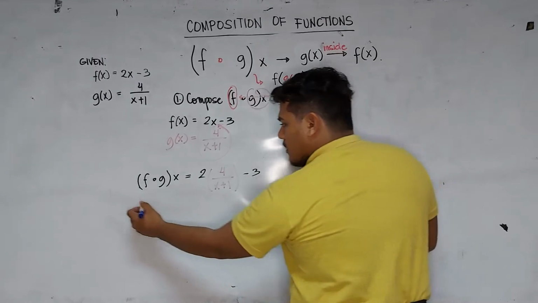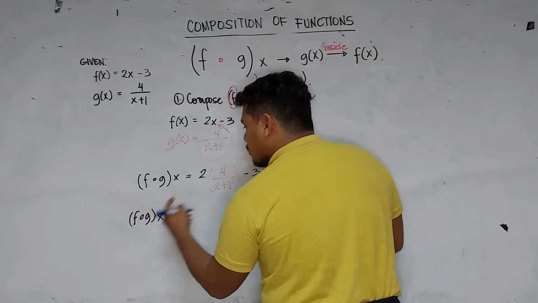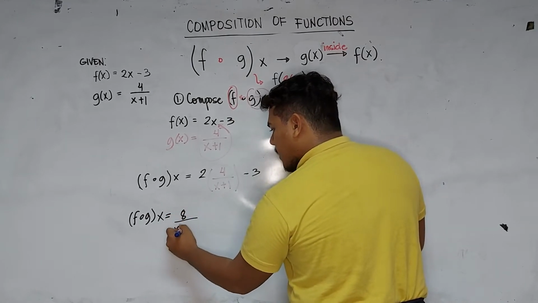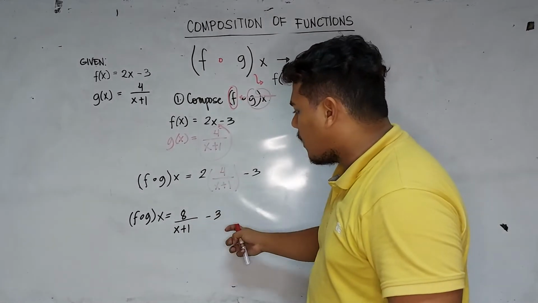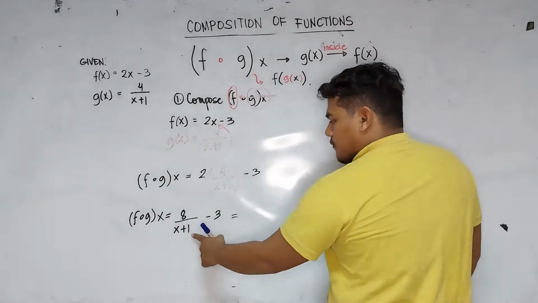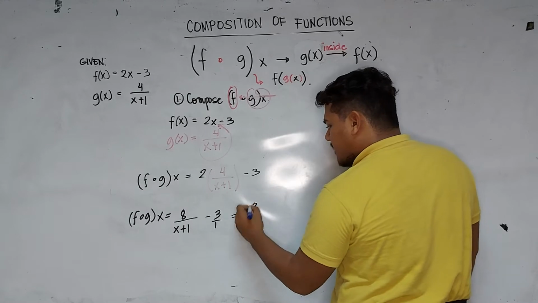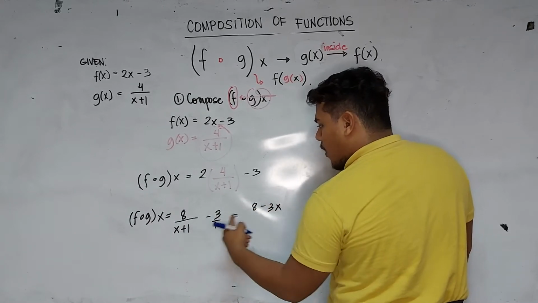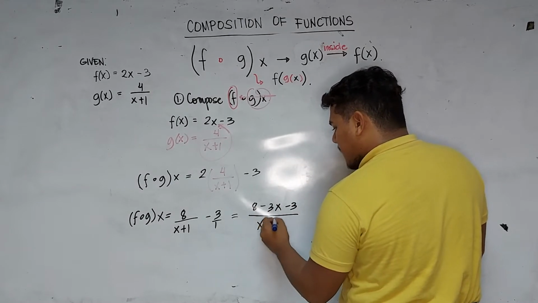Let's continue. F composed of g of x equals 2 times 4, 8 over x plus 1, minus 3. What do you do with a fraction minus a whole number? We imagine that there's an imaginary 1 here, so this becomes 8 minus x times negative 3, 3x, 1 times negative 3, over x plus 1.